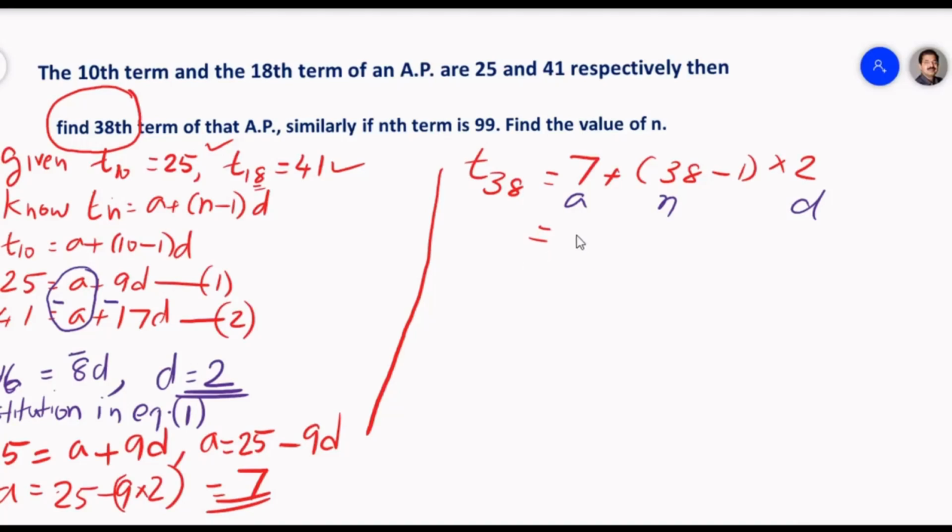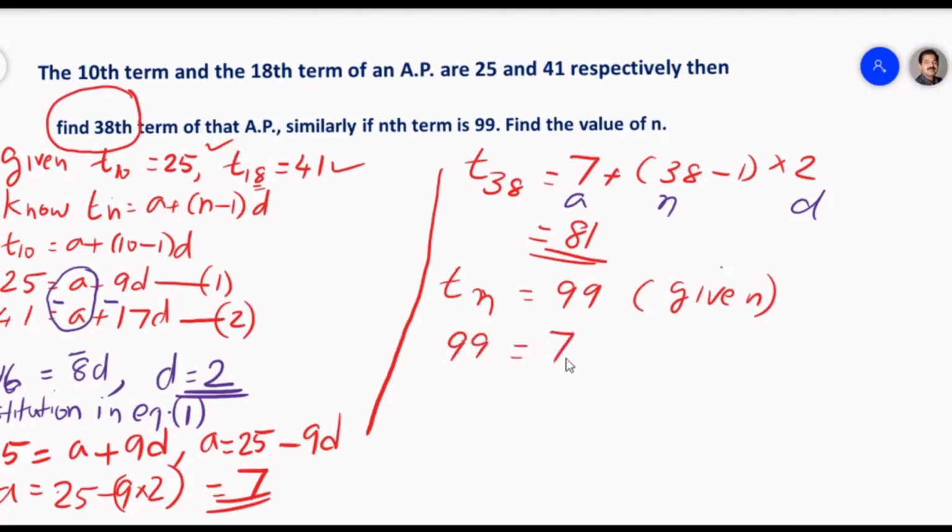This is equal to 81 if we calculate, because 38 minus 1 is 37, into 2 is 74, plus 7 is 81. Now when we think about the next question where Tn is already given, the nth term is 99. So 99 is equal to, we substitute in the formula, 7 plus (n minus 1) times 2, and we don't know the value of n here, we will get it now.